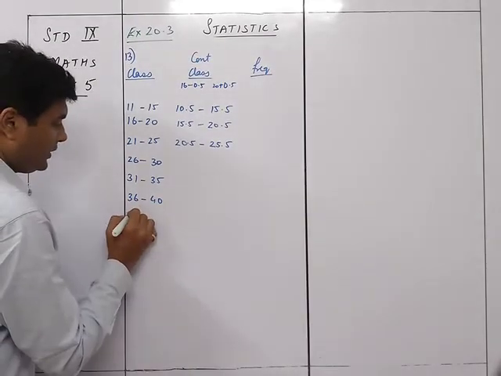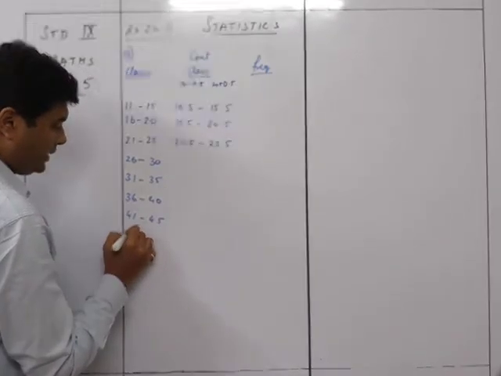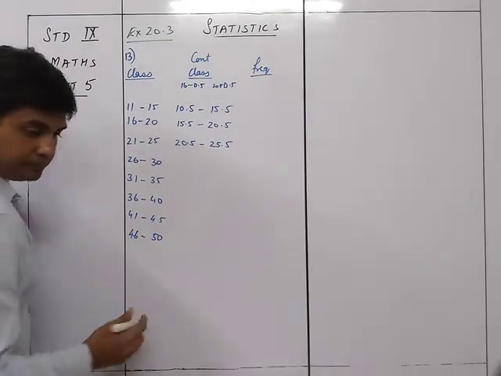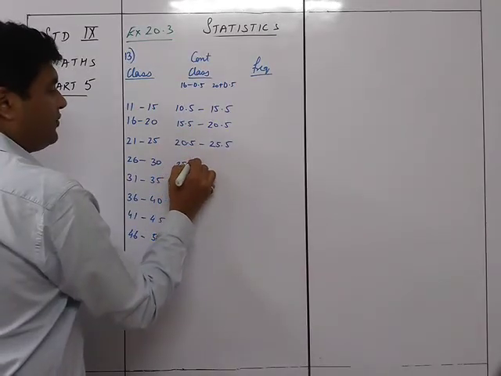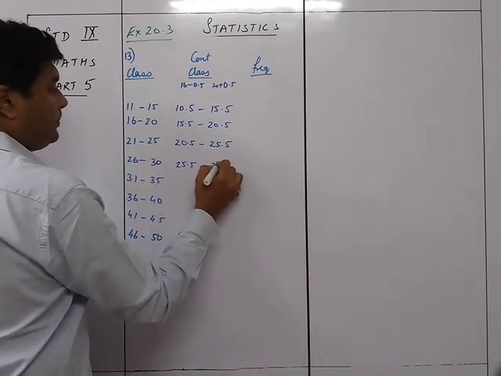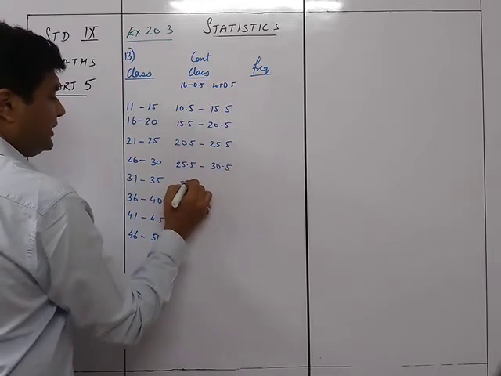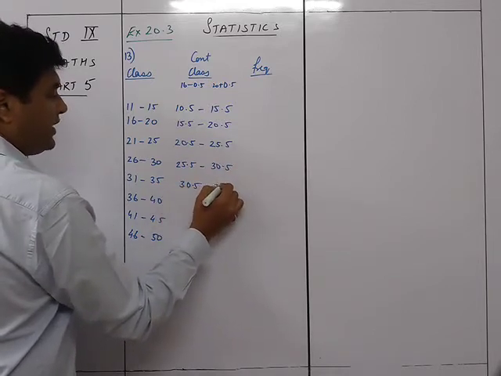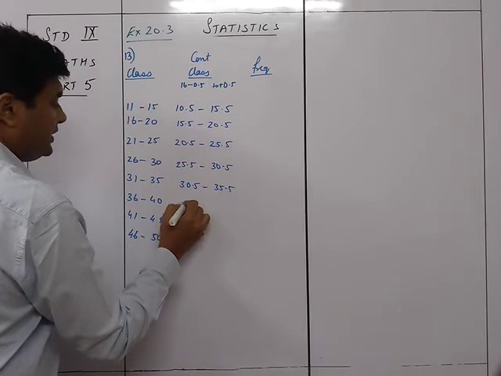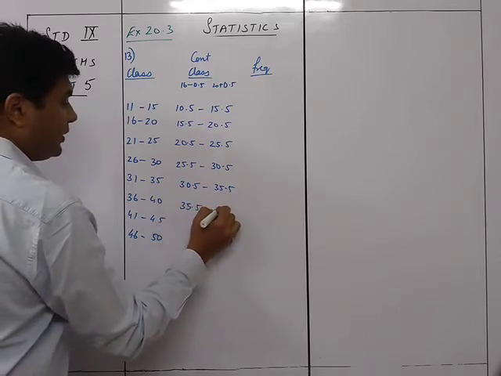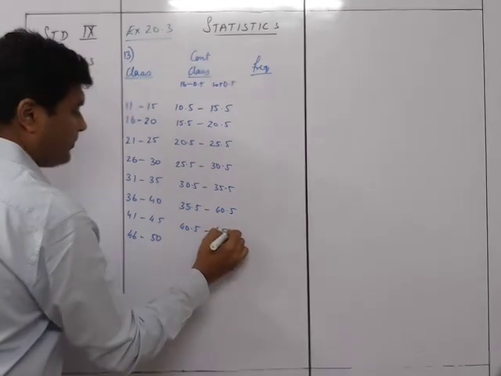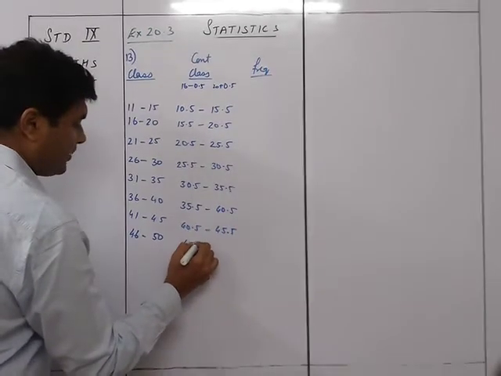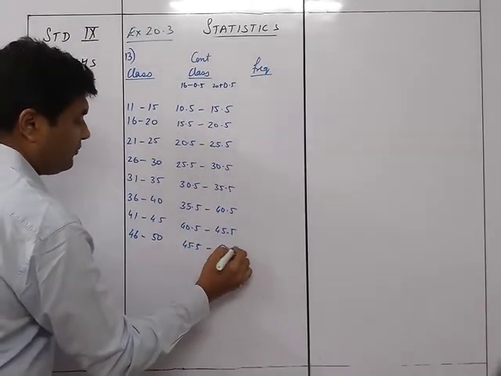So it is 41 to 45, 46 to 50. Accordingly this will be 25.5 to 30.5, this is 30.5 to 35.5, this is 35.5 to 40.5, 40.5 to 45.5, 45.5 to 50.5.